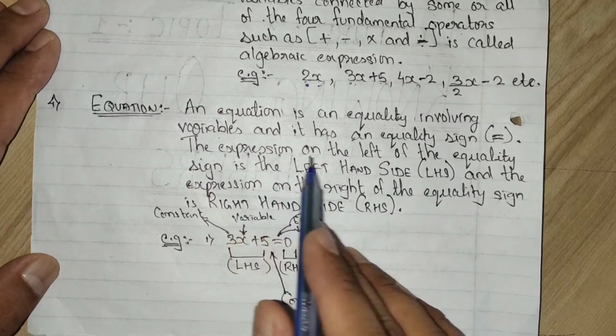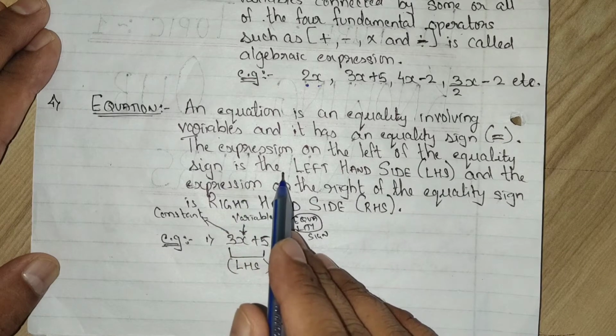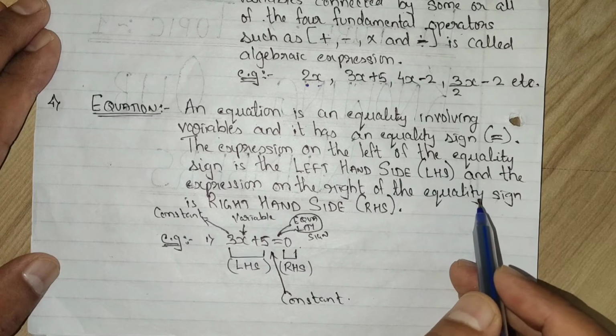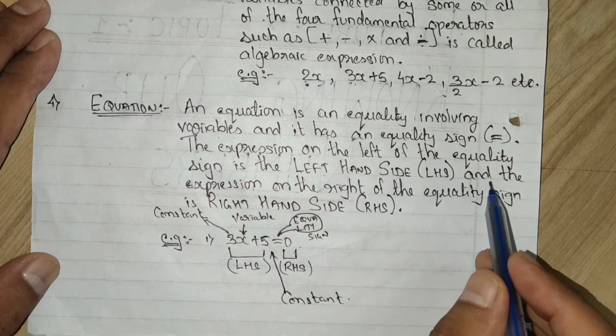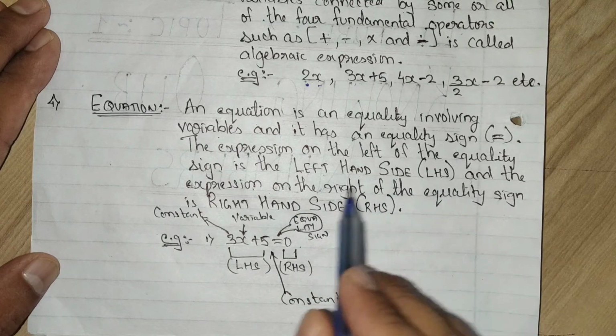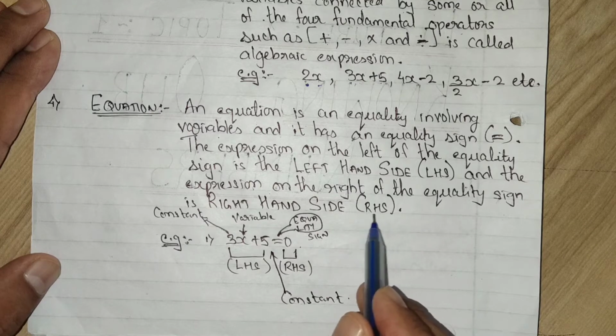The expression on the left of the equality sign is the left hand side. In short, we write as LHS, and the expression on the right of the equality sign is the right hand side, that is in short RHS.